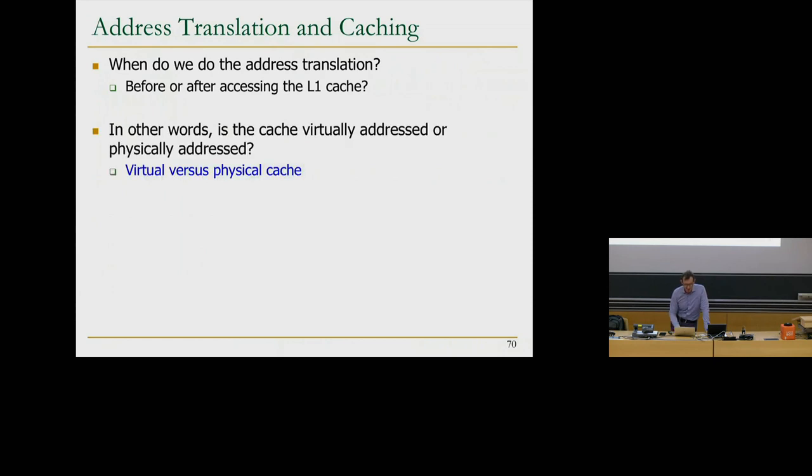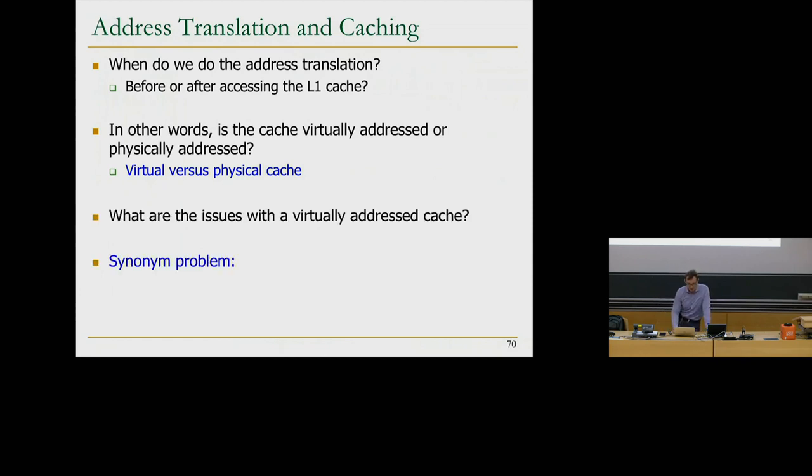In other words, is the L1 cache virtually addressed or physically addressed? There's a distinction between virtual cache versus physical cache. If it's physically addressed, you don't have any problems, because you've done the translation and everybody goes through that translation. But if you access the cache without doing the translation, you run into issues.